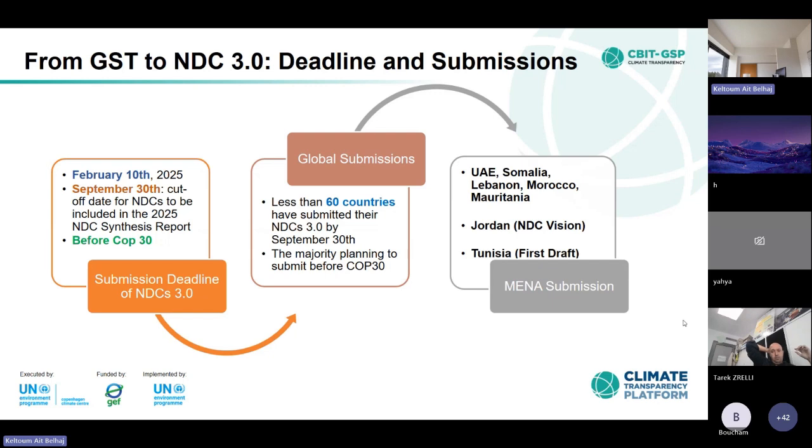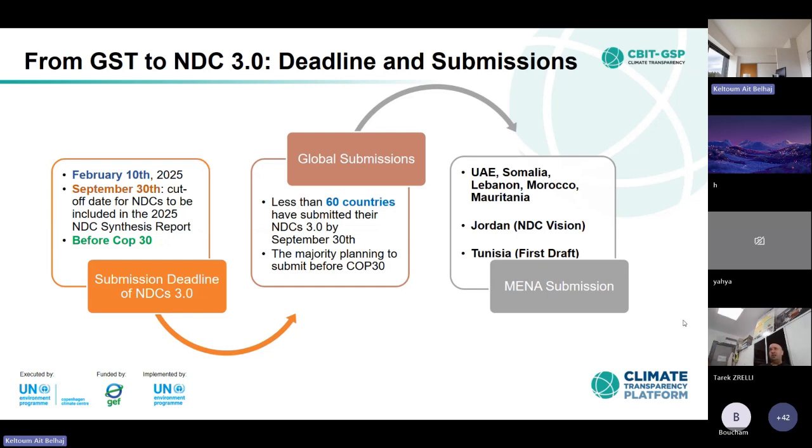In the MENA region, we have 8 countries, including the Emirates, I think the first one, then Somalia, Lebanon, Morocco, that have already submitted their NDC 3.0. Jordan has also put forward its NDC vision, which is also considered as the NDC. Tunisia submitted the first draft of its NDC.